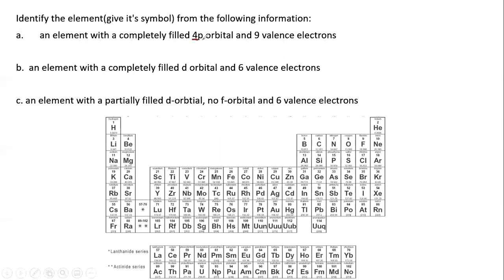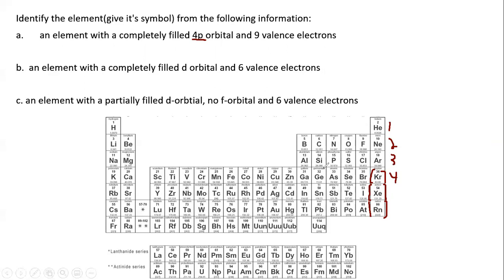An element with a completely filled 4p orbital would be, if we go here 1, 2, 3, 4, something with krypton, xenon, or even radon's shorthand electron configuration in it.